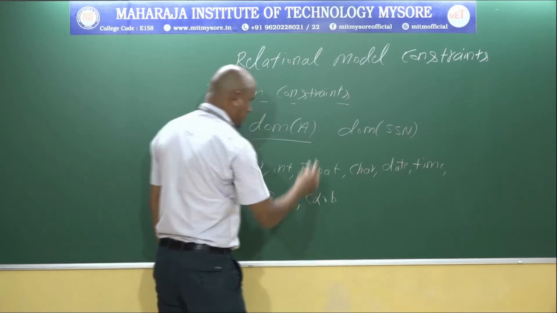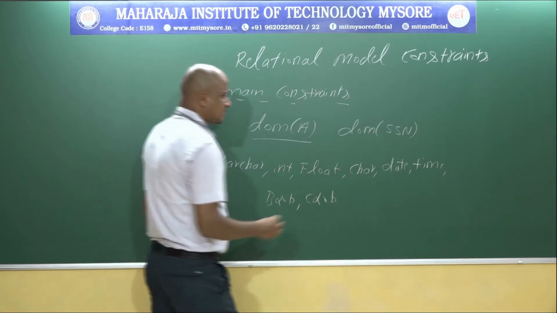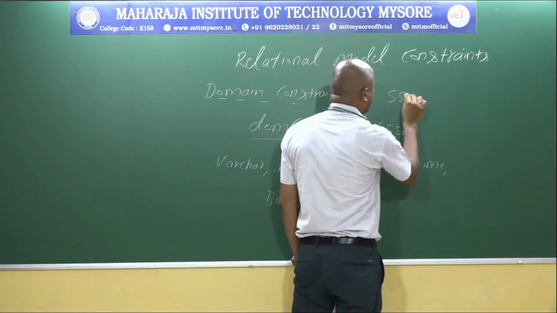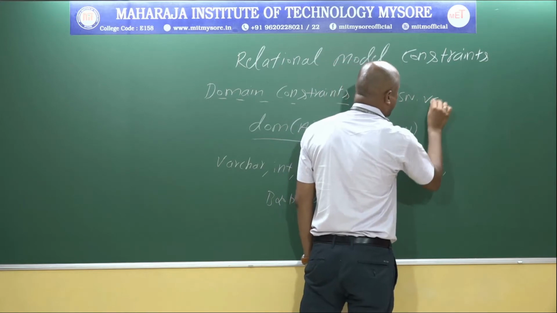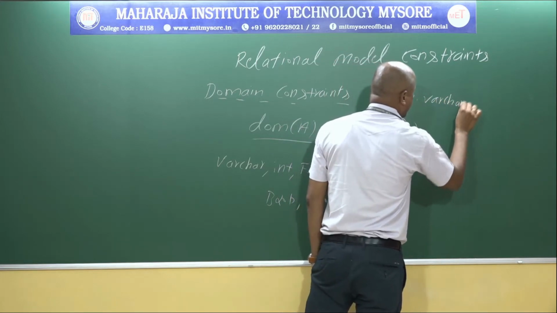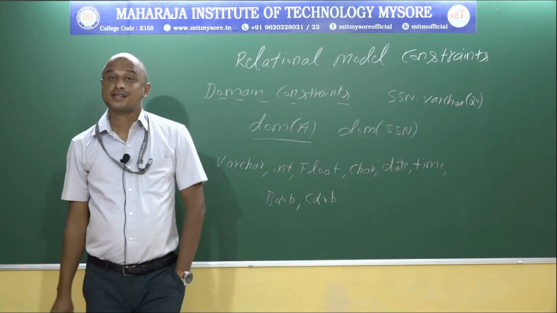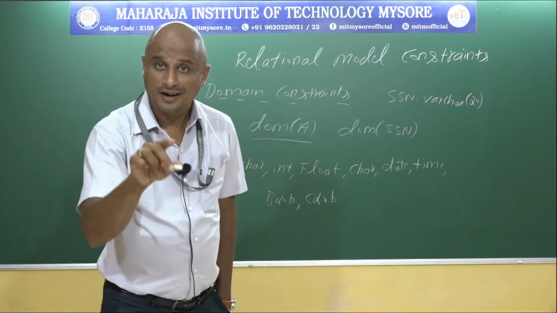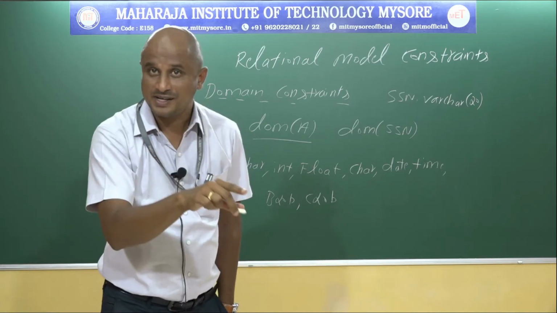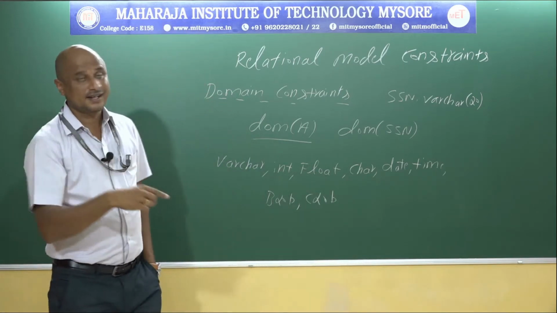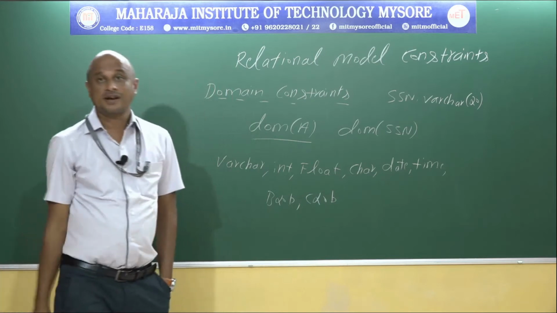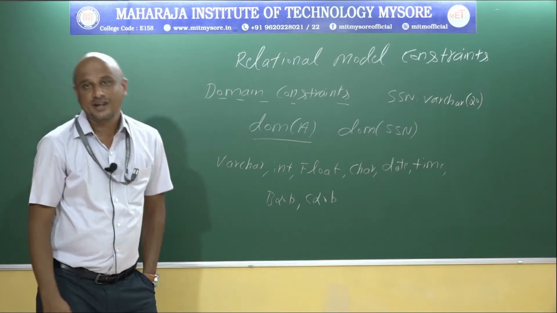So, now I am going with the domain of SSN. SSN can be defined with the data type varchar of length 20. SSN is an attribute of an employee database. So, in the employee database, SSN is defined with the data type of length 20.